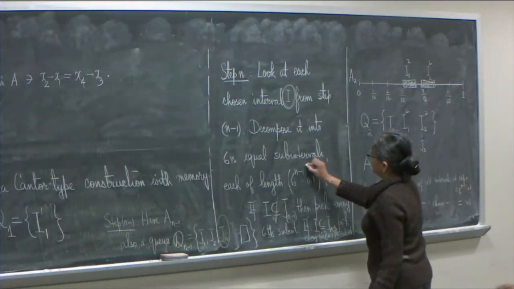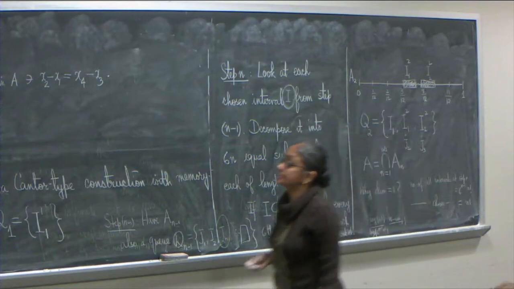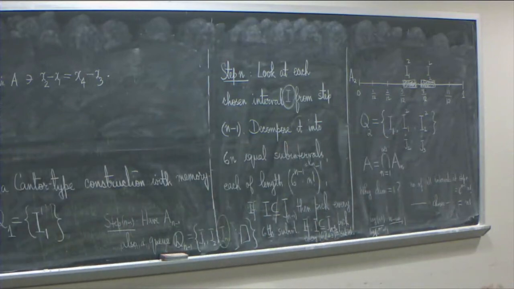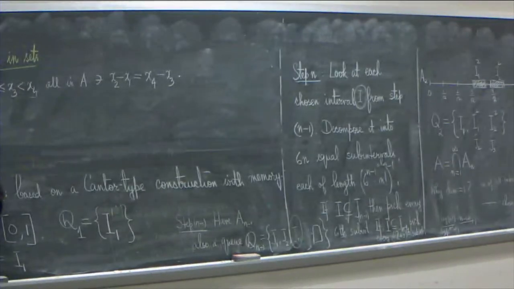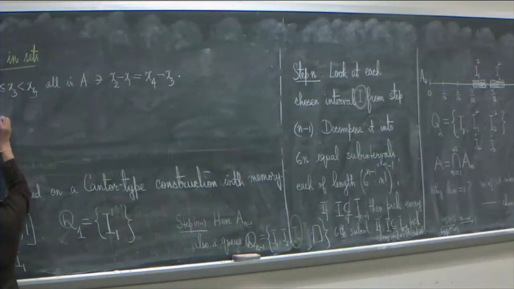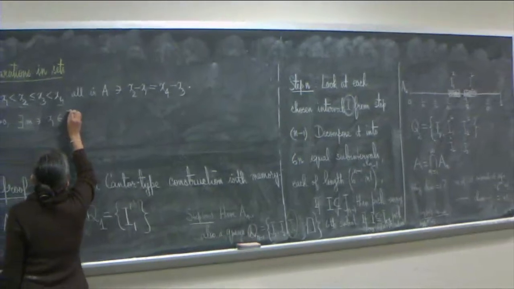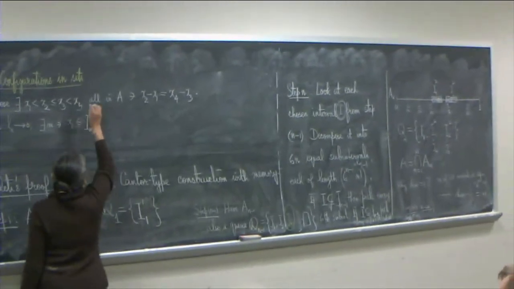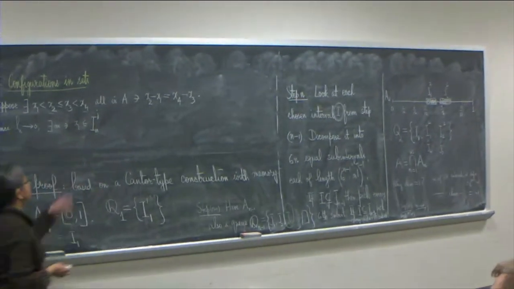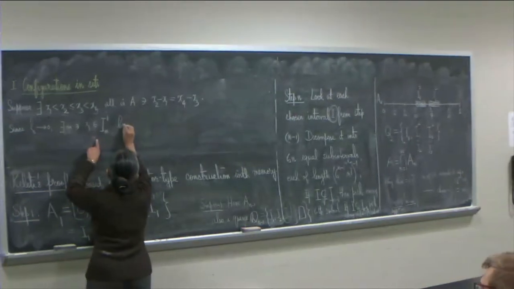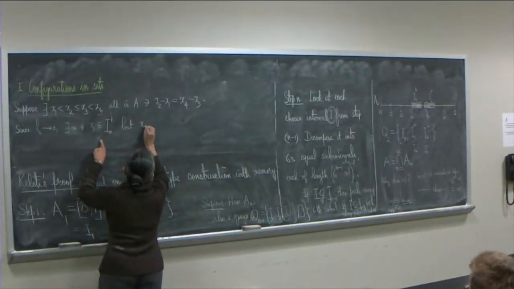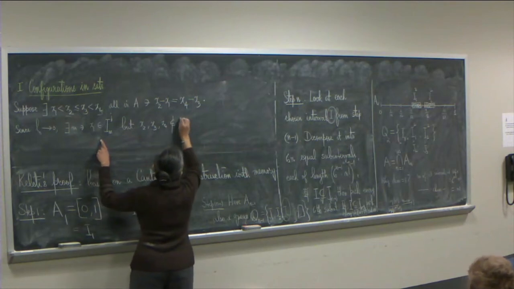Their lengths are precisely these, the ln's. Since ln goes to 0, there exists an n such that x1 belongs to some basic interval at level n, but x2, x3, and x4 don't.